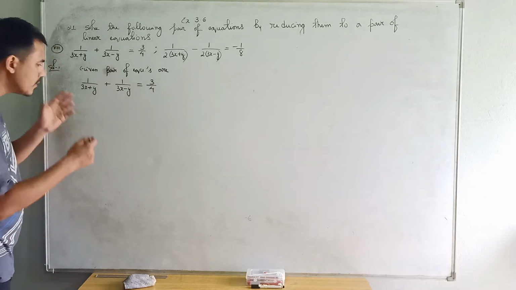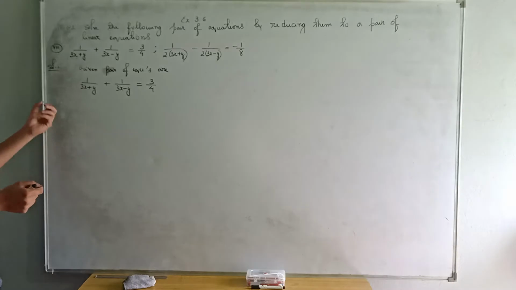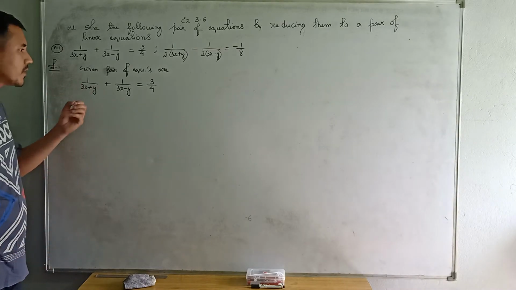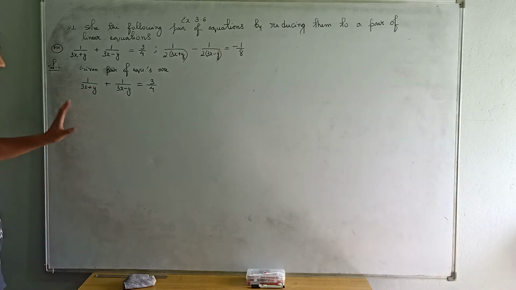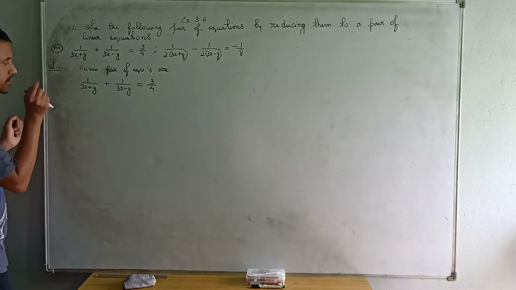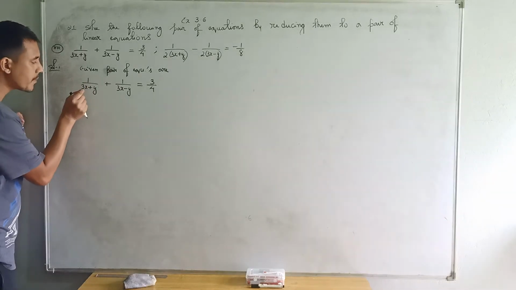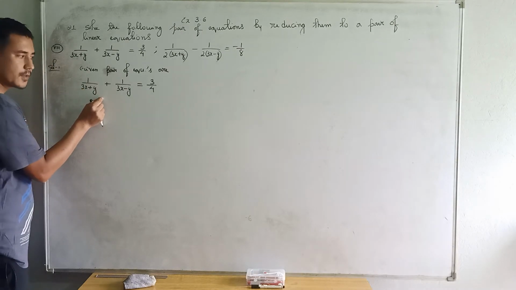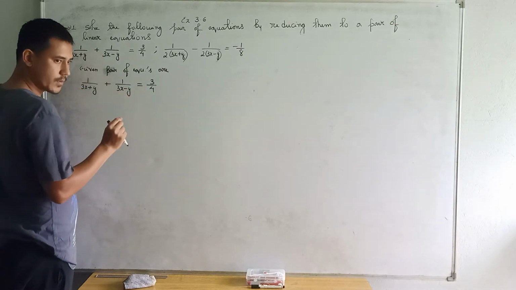So whenever the denominator has been expressed as the sum of two terms or difference of two terms, then they are inseparable. So you cannot separate this 3x and y. You cannot separate this 3x and minus y.